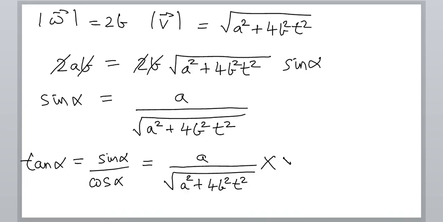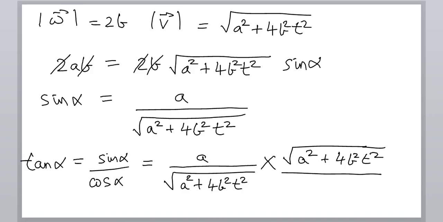We need to write the value of cos alpha: a divided by the square root of a square plus 4b square t square multiplied by 1 upon cos alpha, that is the square root of a square plus 4b square t square, this whole divided by 2bt.